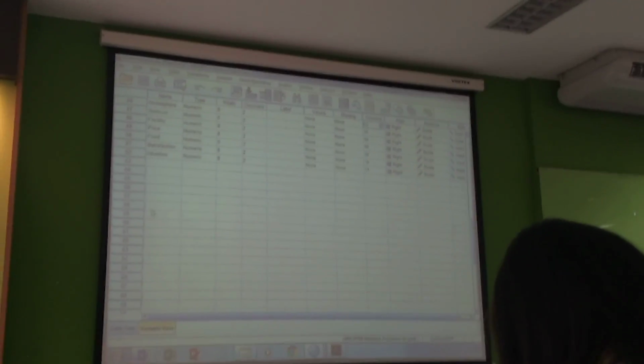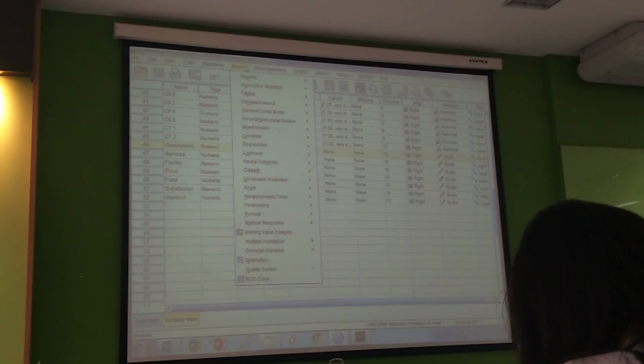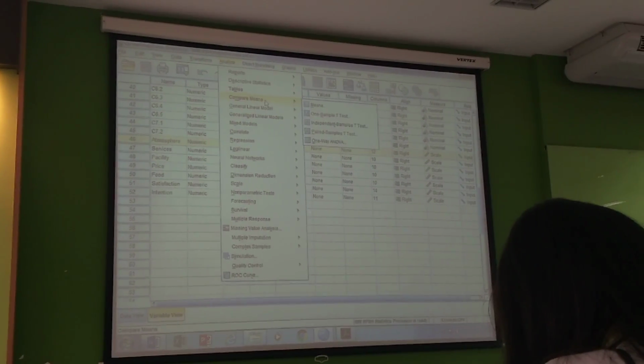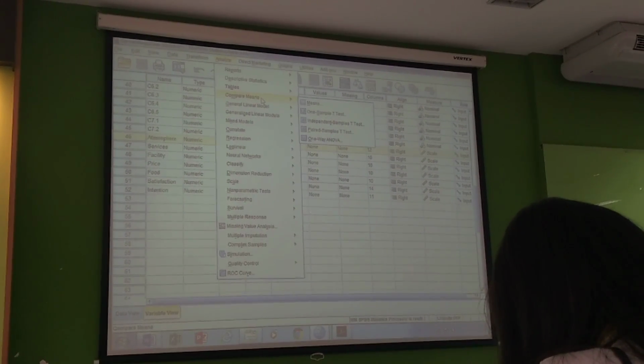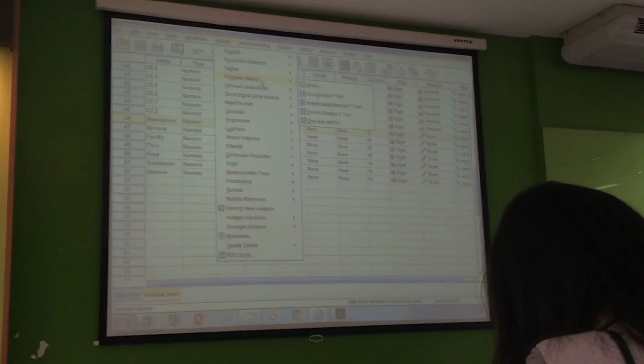Okay, let's look at the atmosphere. I think it's right here, right? So we go to analyze, compare means. We compare means, meaning compare the means of the perception of customer. Got it?